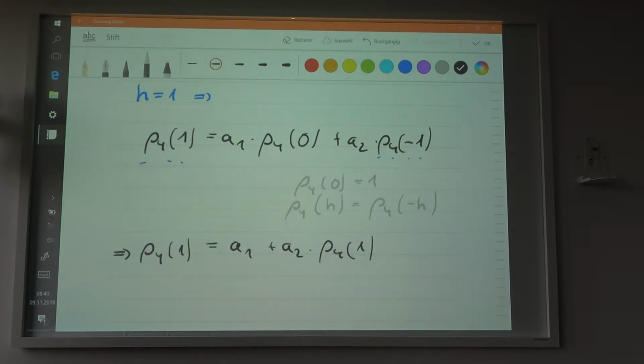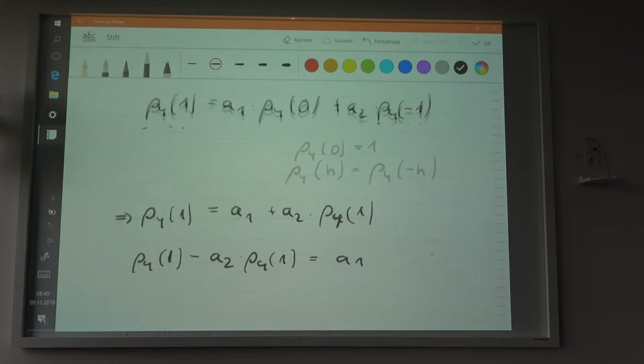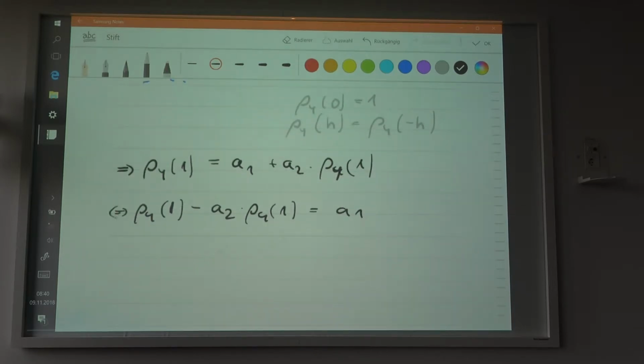Now you solve this for the correlation. If you put that on the right-hand side of the equation and factorize it, and then divide by the remaining factor, you have the correlation times 1 minus a2 equal to a1.